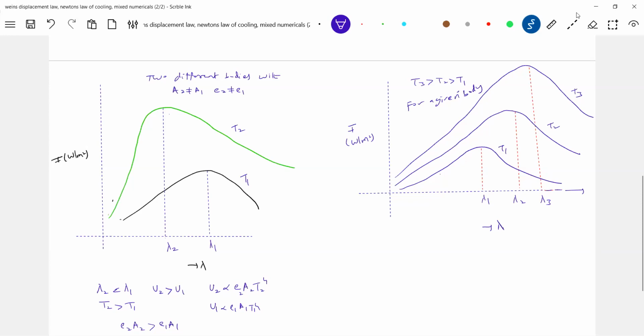No, for a given body, this graph is wrong. Am I right? For three different bodies, I'll put comments here. First thing, for a given body, the above graph is wrong.